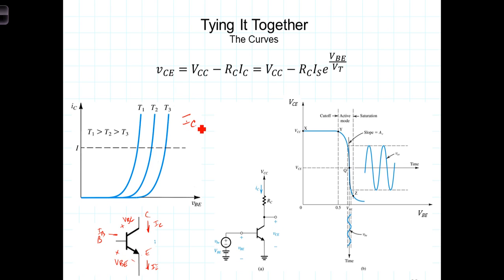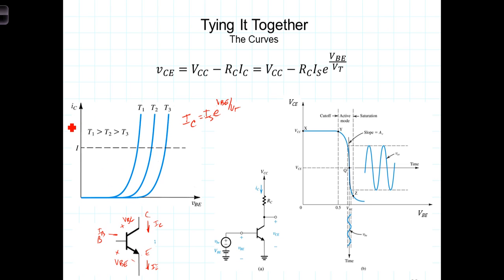In this case I sub C, the current through the collector, is equal to I sub S e to the VBE over VT, where VBE is just the voltage across this PN junction and V sub T is the thermal voltage. The graph of this equation is the very familiar exponential function, turning on at some point where VBE gets large enough that we see appreciable current.